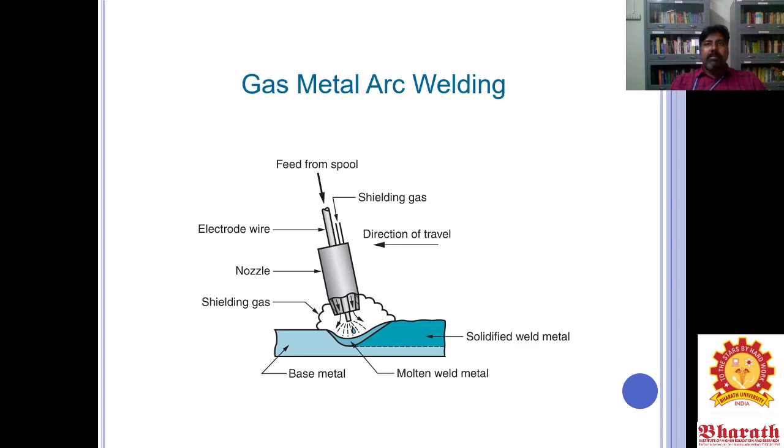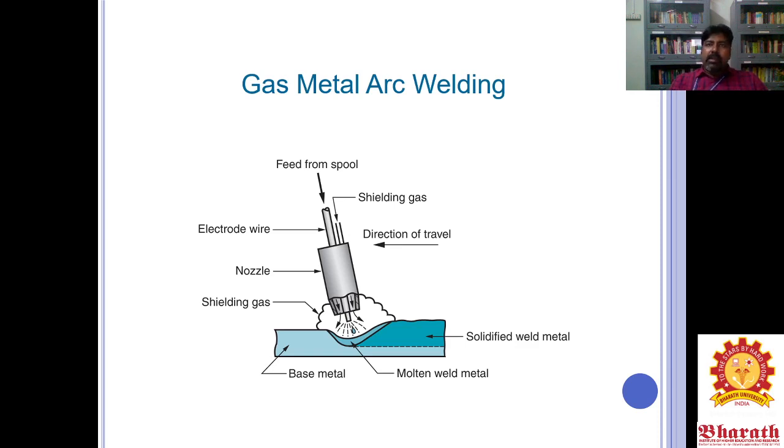And the electrode is fed continuously through the welding head. Normally we use the parent metal as an electrode, right? This electrode is melted by the arc and deposited over the workpiece.